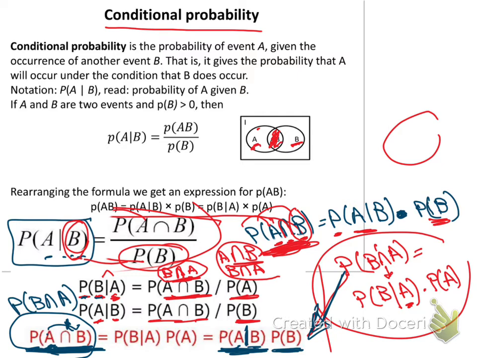So if we write it this way, it will be the probability of B given A times the probability of A. The thing you have to notice is that the last one here, the given, is A, and it's always multiplied by the same thing. So A will be here A. If it is B, it will be B here, okay? Why? Because it is also the probability of B intersect A.